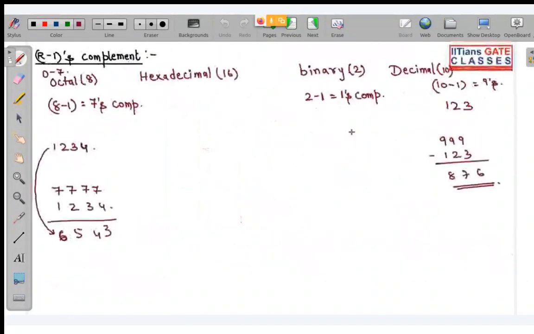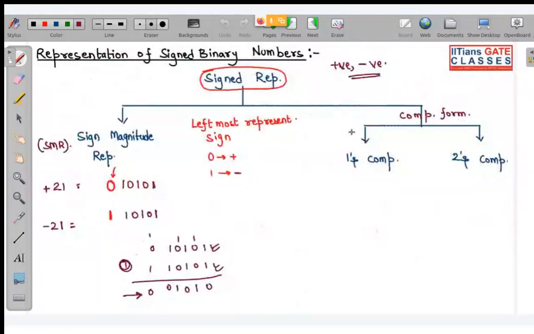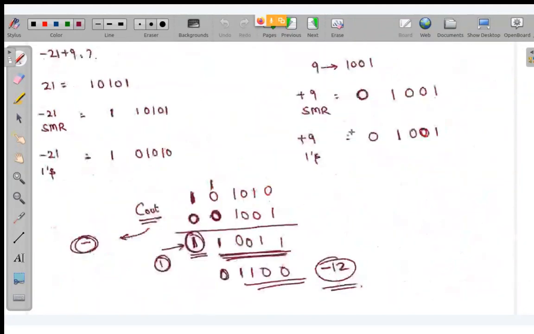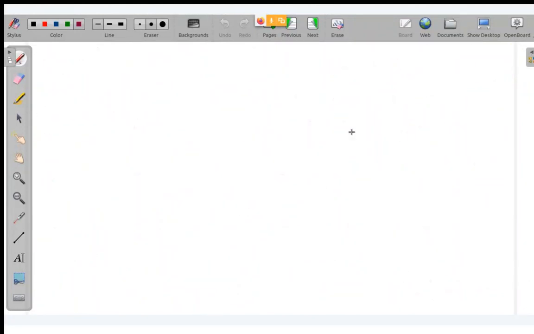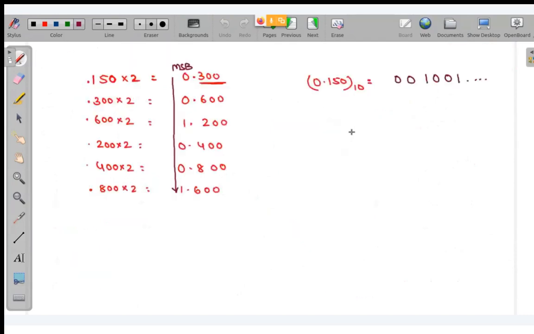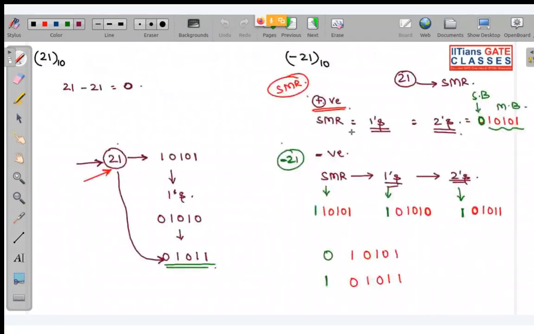Yes, over here somewhere. Okay, so over here we were not getting 0. But in 1's complement and 2's complement, whenever we added the same positive and negative number, we were getting 0. And even you can solve it over here.